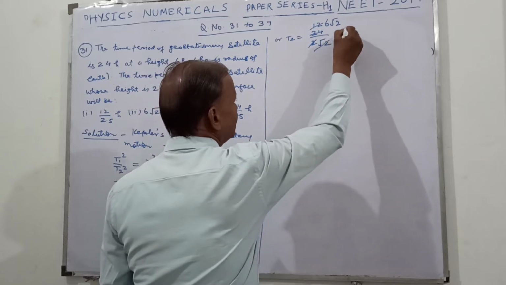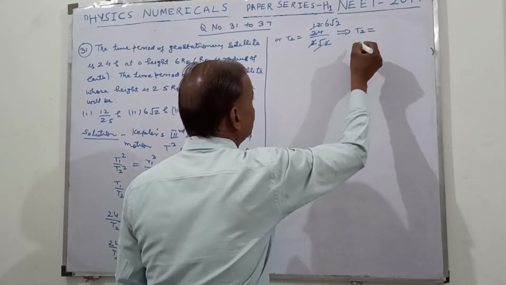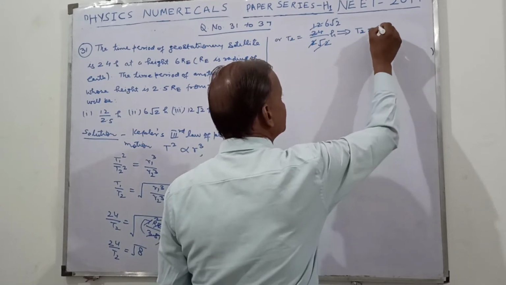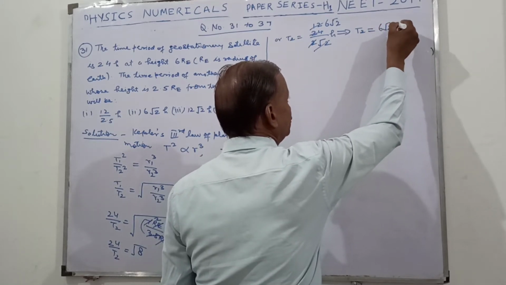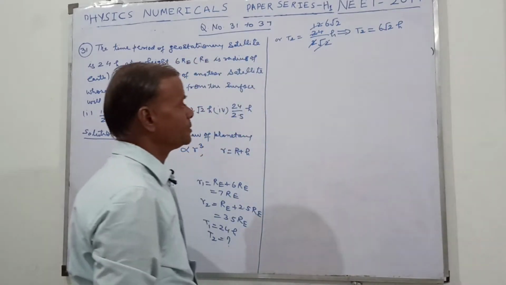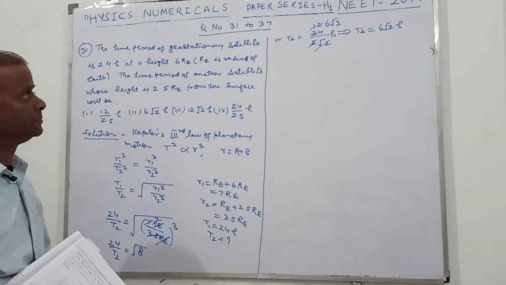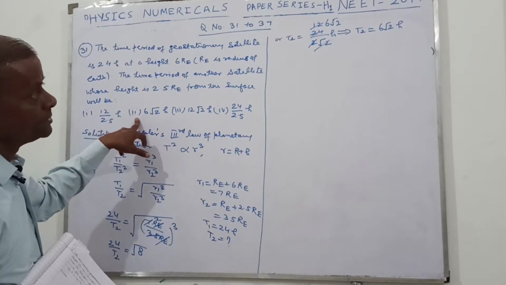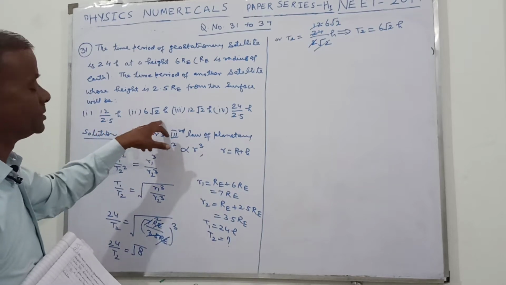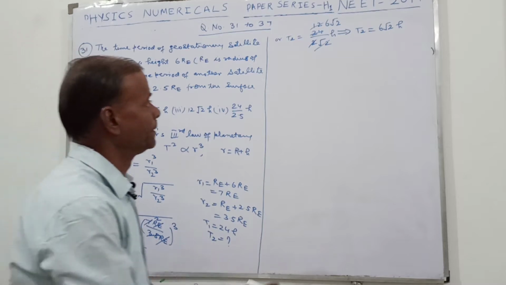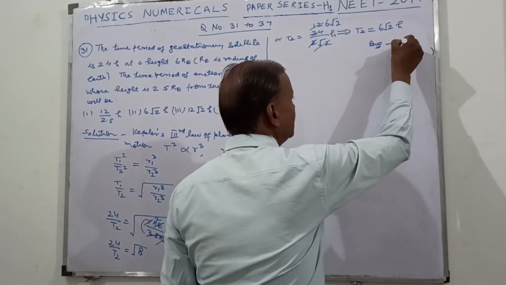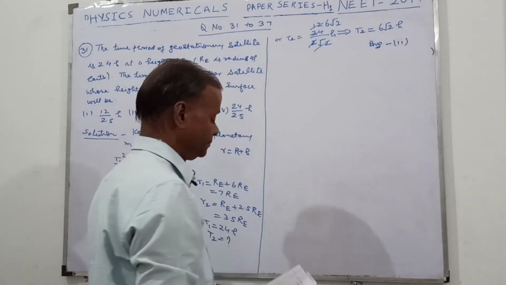So we have T2 equal to 6 root 2 h. This will be the time period of the second satellite. So our option is second. This is the right answer.